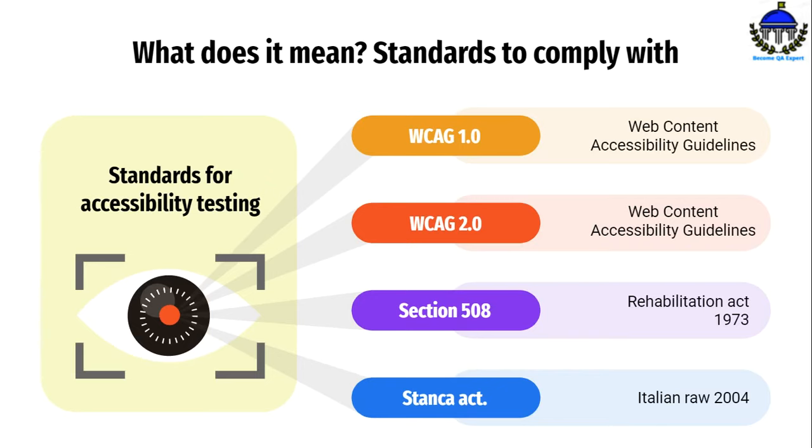And of all the standards that we have just mentioned, the Web Content Accessibility Guidelines 2.0 is accepted worldwide. And what do these standards provide? Well, they provide details and standards on how to make a website or application accessible.